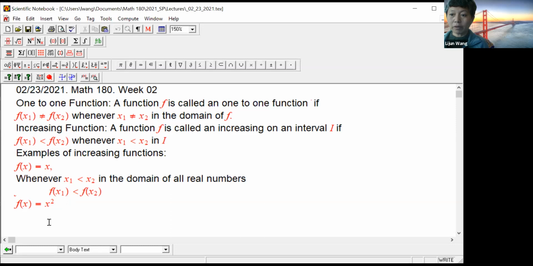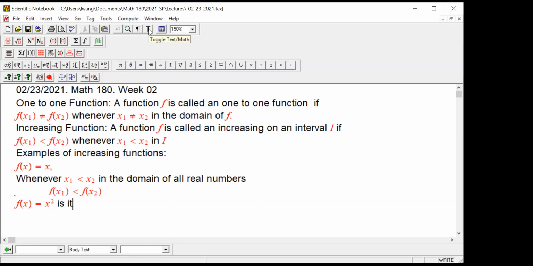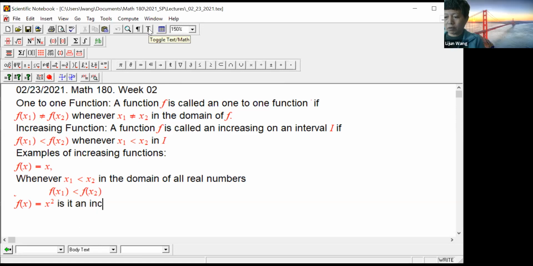We're talking about whether it is an increasing function.